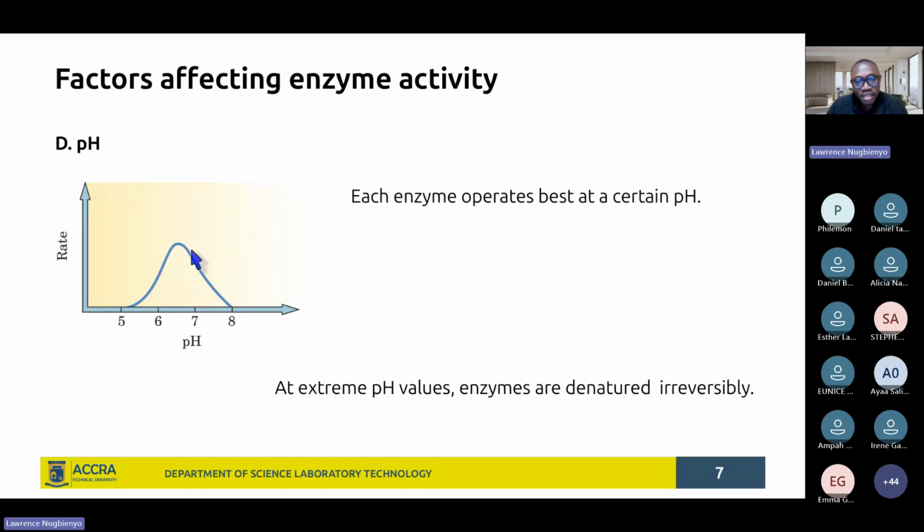So different enzymes, depending on the condition in which they act, will be optimally active or less active.